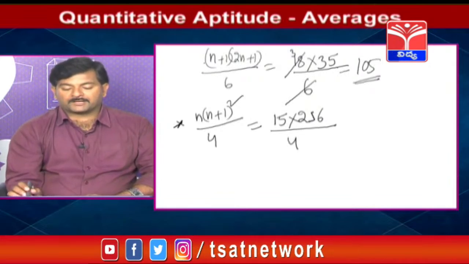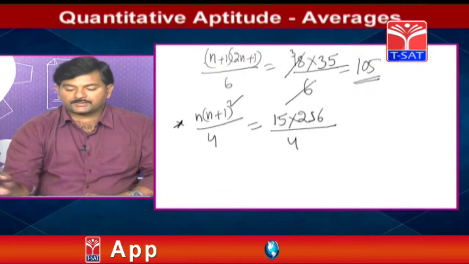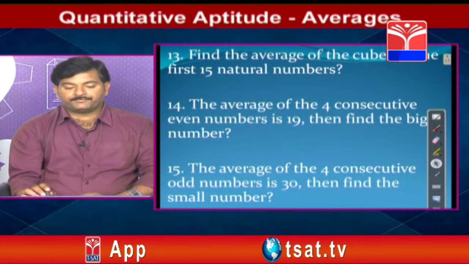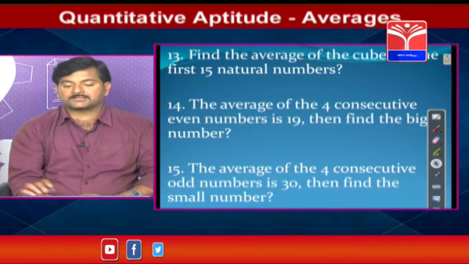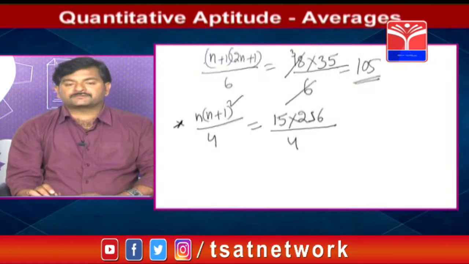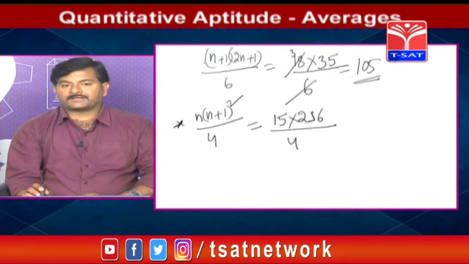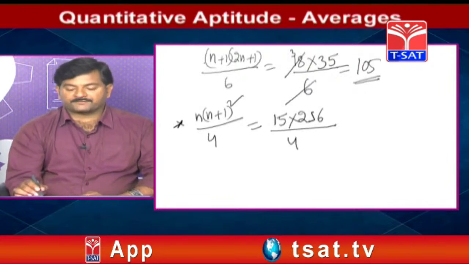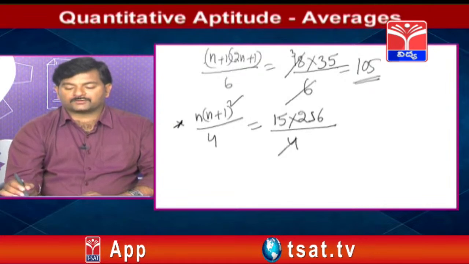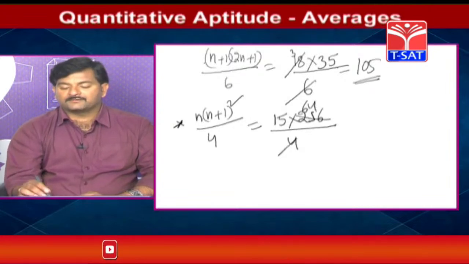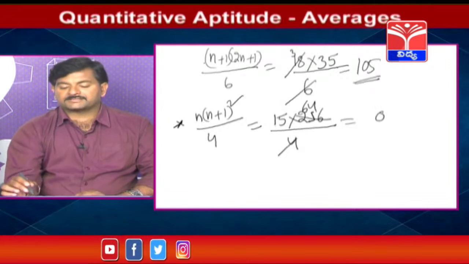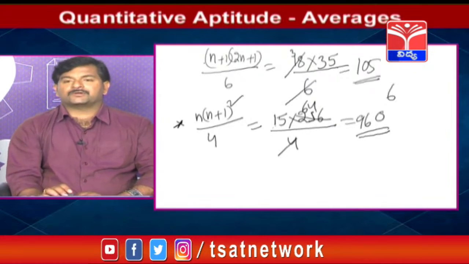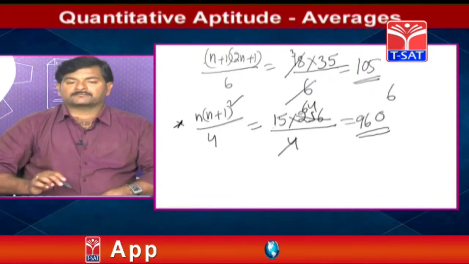Simplifying: 4 sixes are 24, 4 fours are 16, 15 fours are 60, 15 sixes are 90 plus 6, 96. Therefore the average is 960. Same formula.